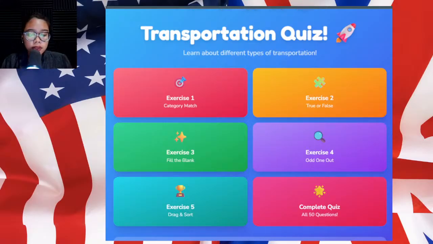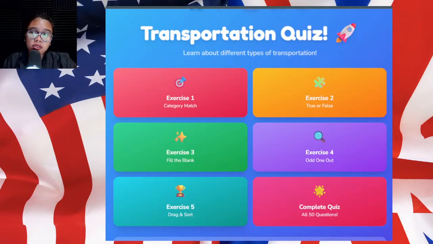So it includes the land transportation like the car, the bicycle, the bus, what other else? The motorcycle, the truck, the train. Those are the different land transportation which takes us from one place to another place or one location to another location.